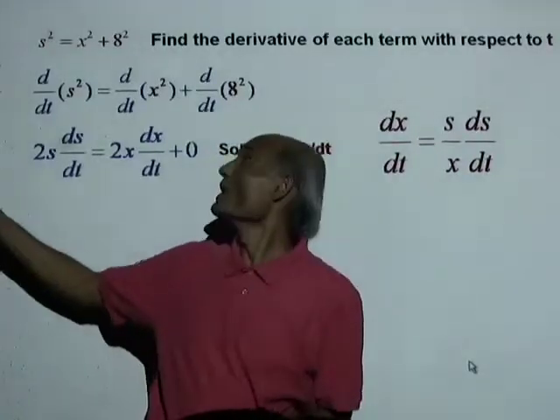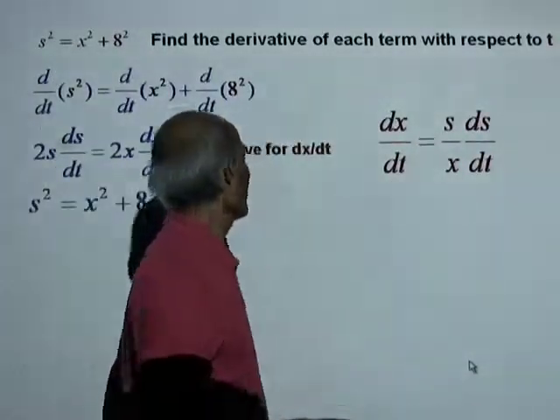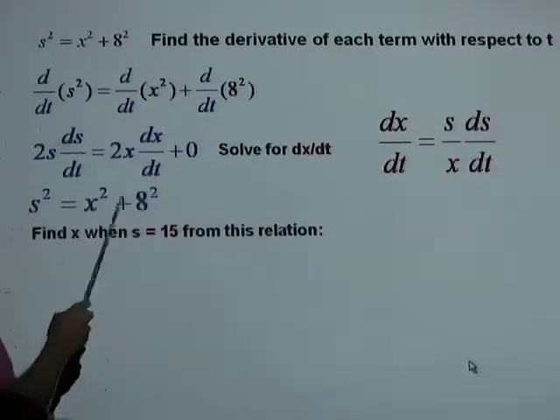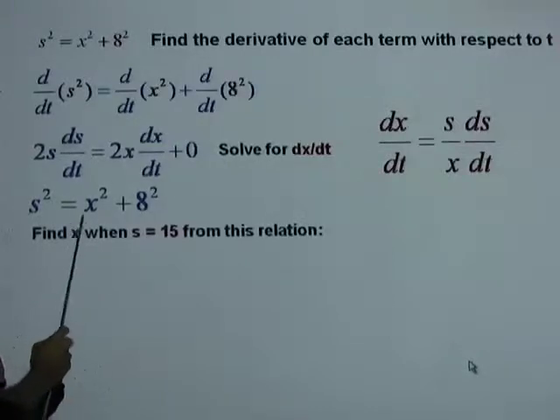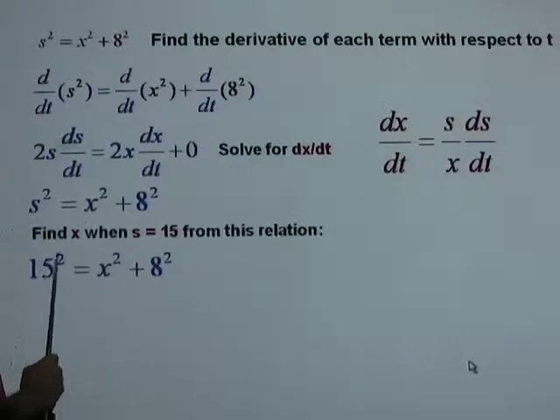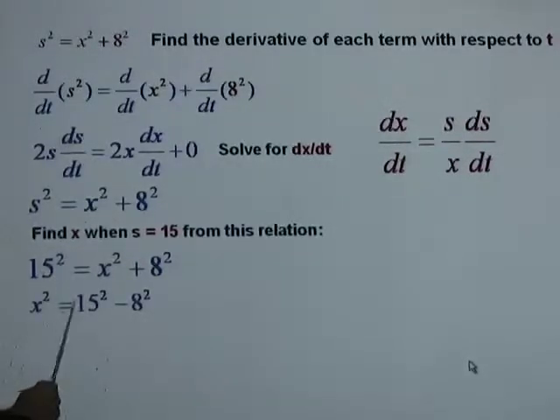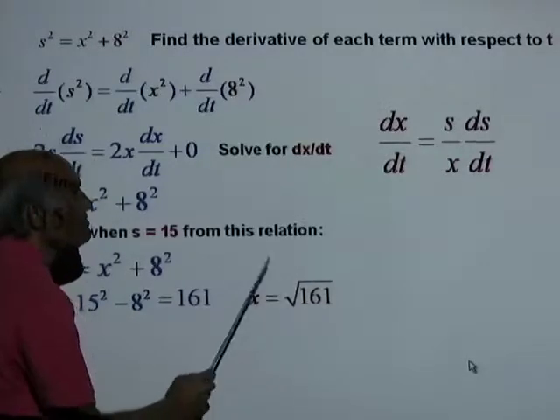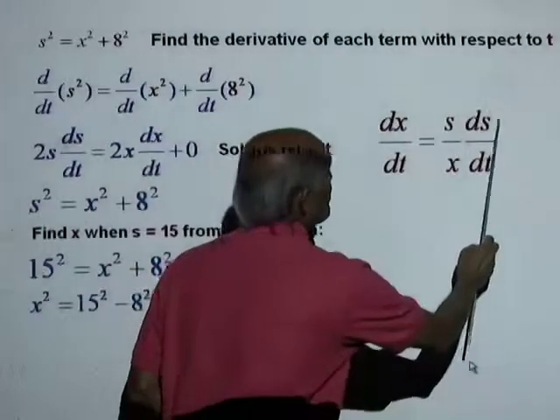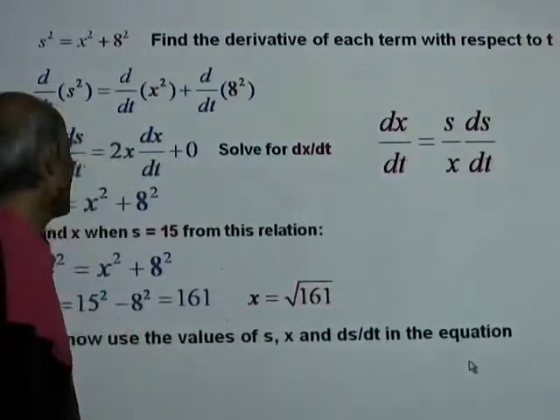How do we do that? Go back to that equation. In s squared equals x squared plus 8 squared, we find x when s equals 15. So we get 15 squared equals x squared plus 8 squared, and that simplification is easy for you. That will give you x equals square root of 161. Now bring all those values into that equation.